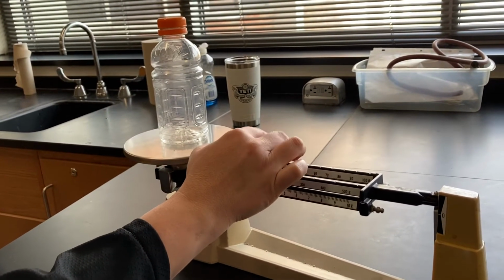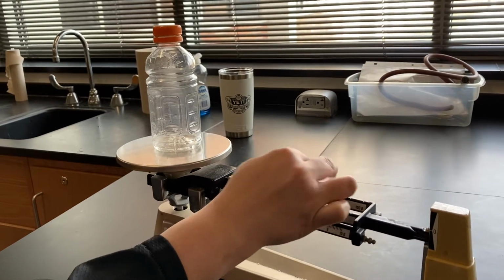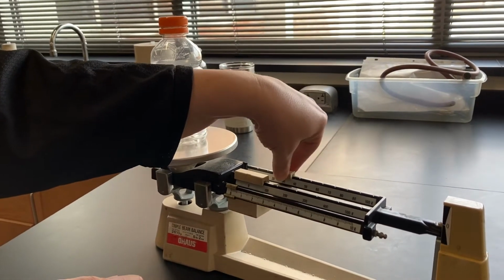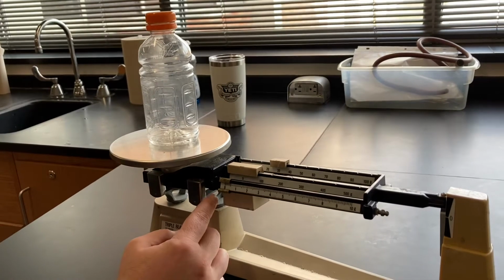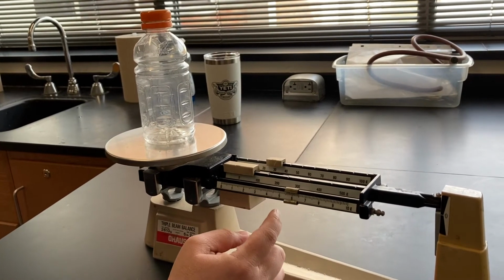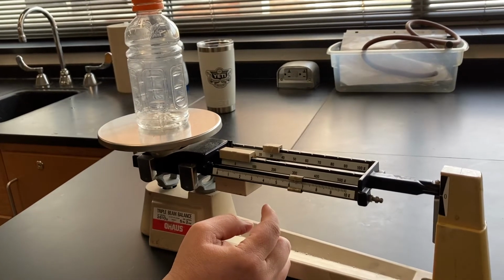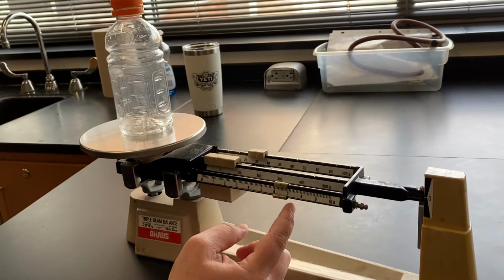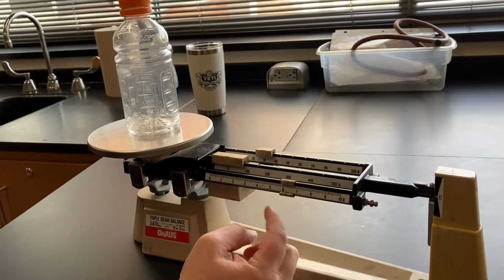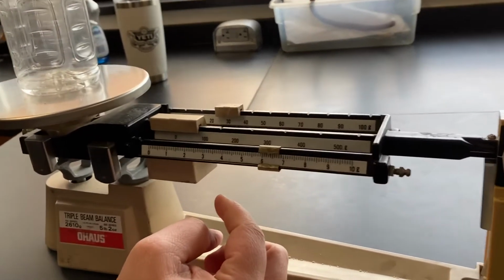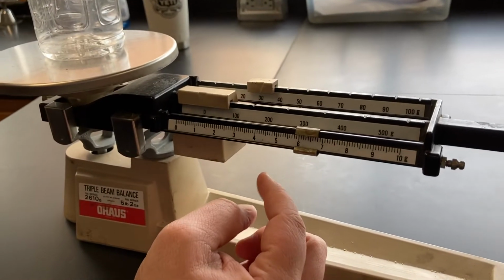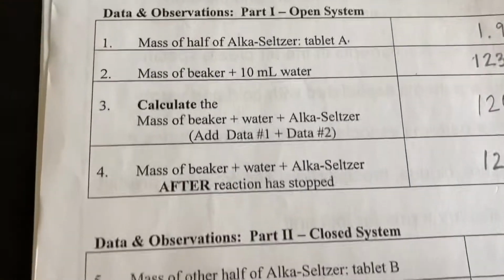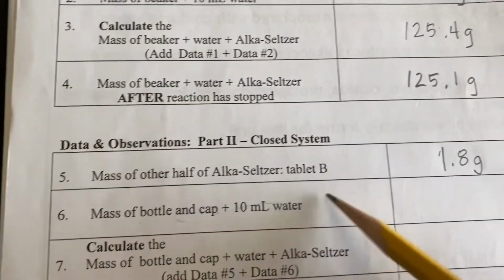Now, plastic is a lot lighter than the glass beaker, so we're going to get a much smaller number with this one. So we're in the 30s here. We're looking at about 36.4 grams. So everyone, this is going to be number 6 on your data table.